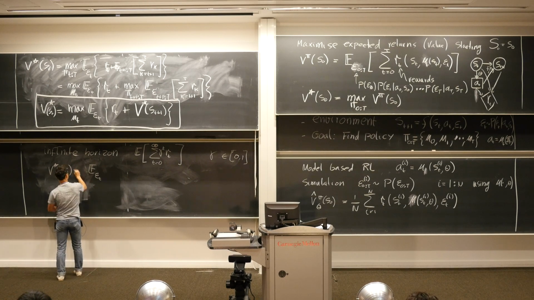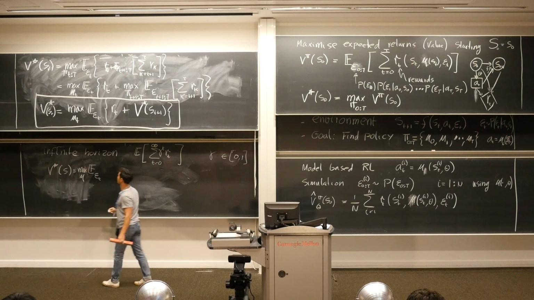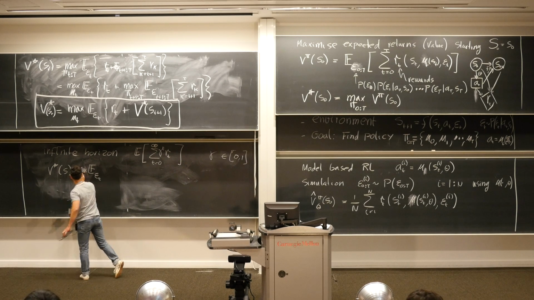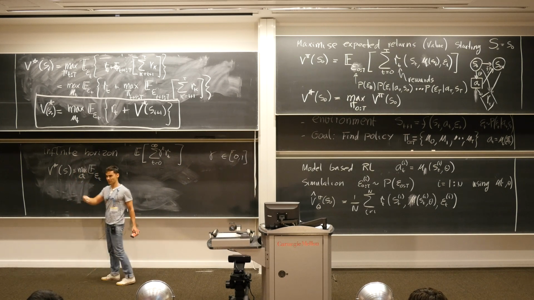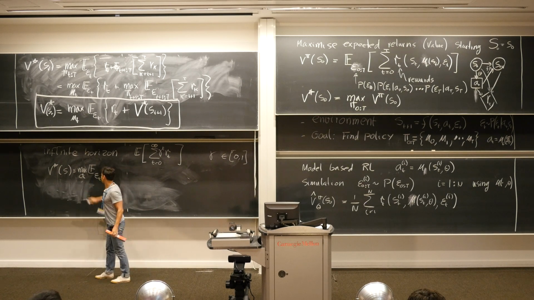Whoops, I forgot the max. And let's say that I just have a stationary policy, so it's the max over mu. Or if it's stationary, I can just put an a, because a is just equal to mu of x. So I'm just going to put straight a. And it's the same as that.